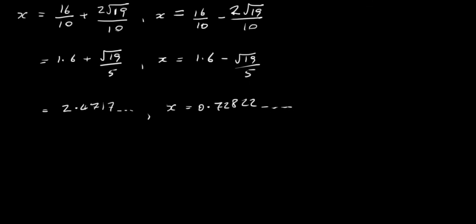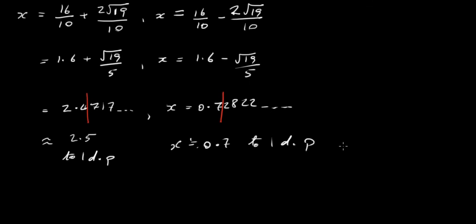So let's do it to 1 decimal place. This here would be 2.5 to 1 decimal place. Here you're looking at x being equal to 0.7 to 1 decimal place. Okay, so there's the different methods for solving quadratic equations.